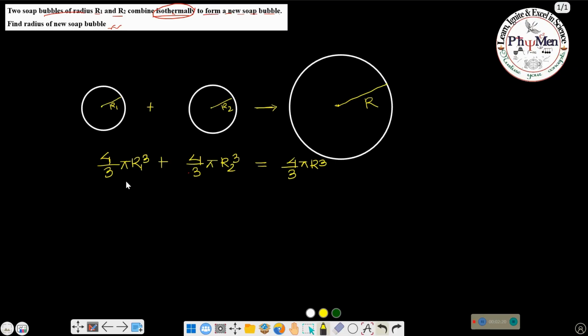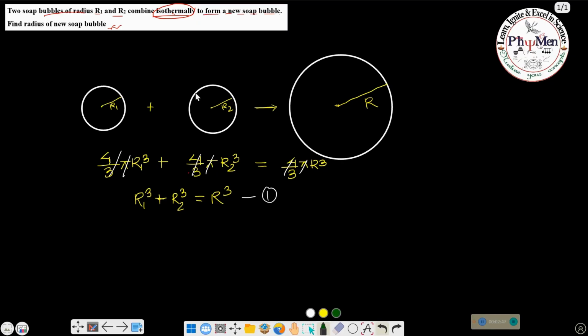So from this we get one equation: r1³ + r2³ = R³, because the 4/3 π will get cancelled out. Let me take this as equation number 1.